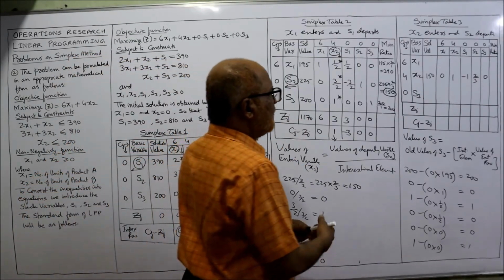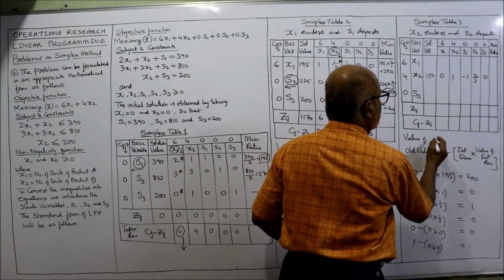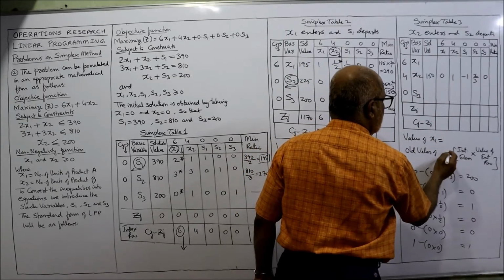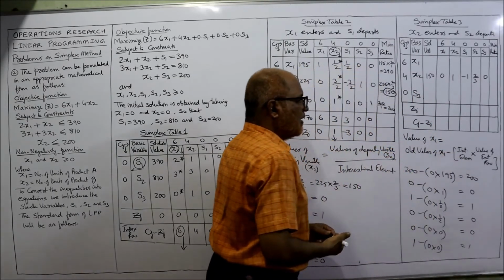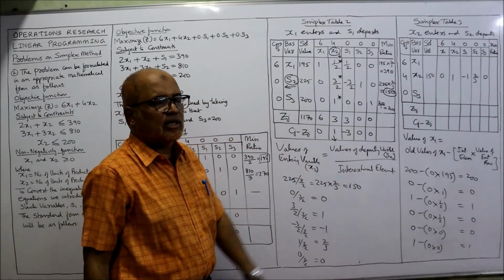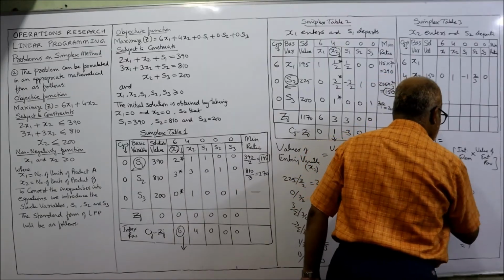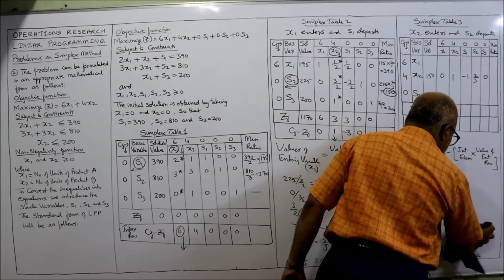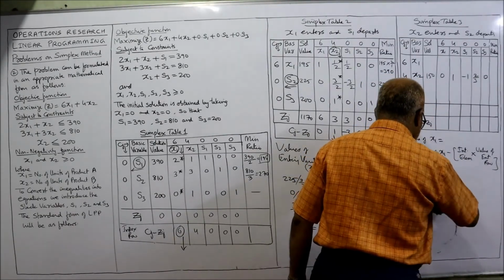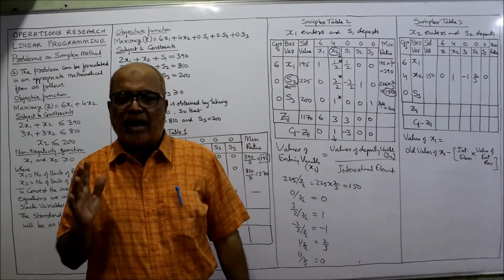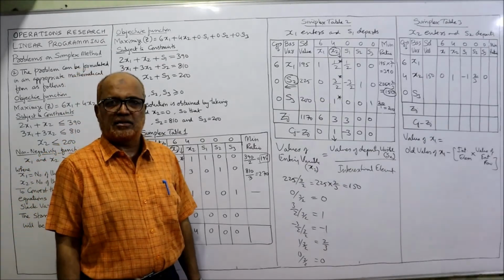Now we need the values of x1. The old values of x1 we will take. Old values of x1 minus intersectional element into values of the entering variable. These calculations will test your patience and your mathematical ability, and only by practice can you get command.